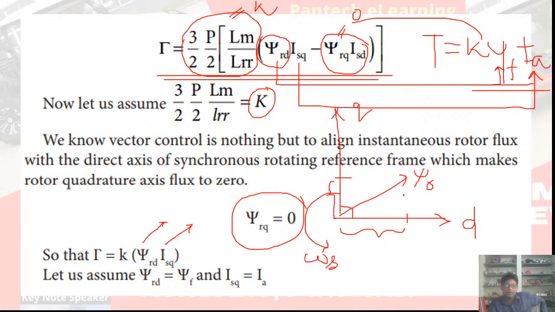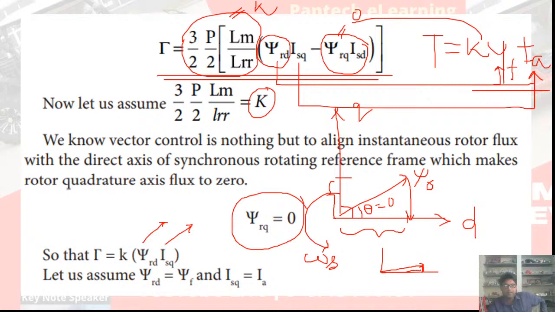Now how to make this psi rq 0? You make theta 0. If you make theta 0, then this psi r will be aligned with the direct axis, and my quadrature axis component, it is like this. Psi rq, if you see here, is this much only.